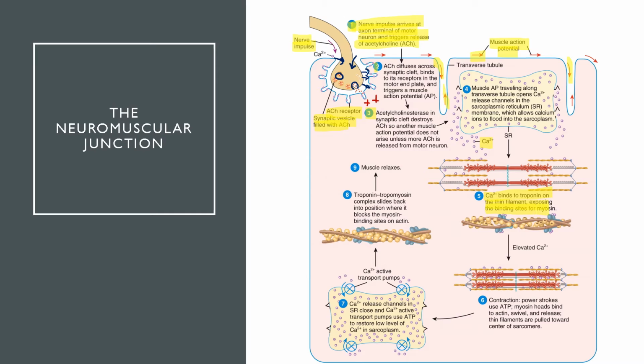We have that sliding filament model contraction. We talked about this all very quickly before. And then once it's finished, calcium active transport pumps are going to pump calcium back into the sarcoplasmic reticulum to relax the muscle in the end.